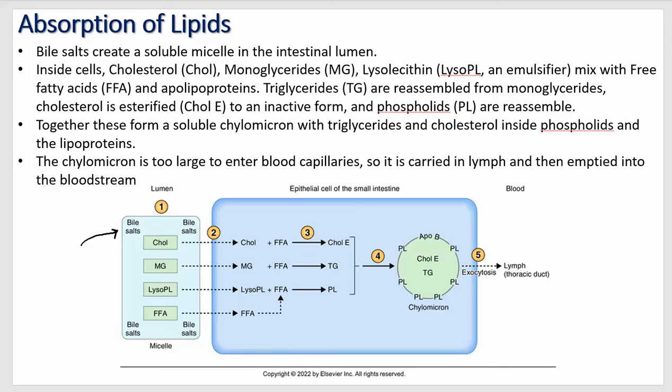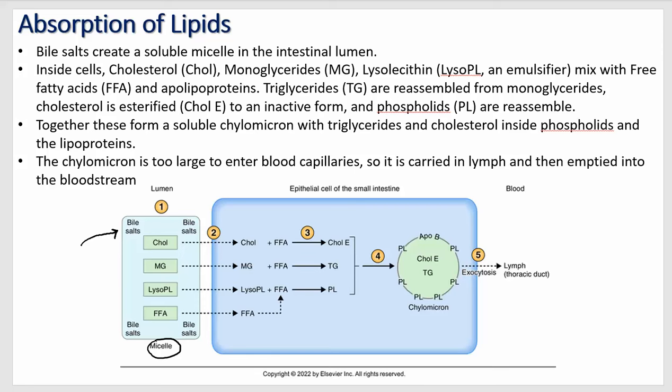So what we end up with is this thing we call a micelle, that has all of these components in it. It has cholesterol, it has the monoglycerides, it has this one-legged phospholipid that we call lysolecithin, and it has just free fatty acids. So that's what's in the micelle.